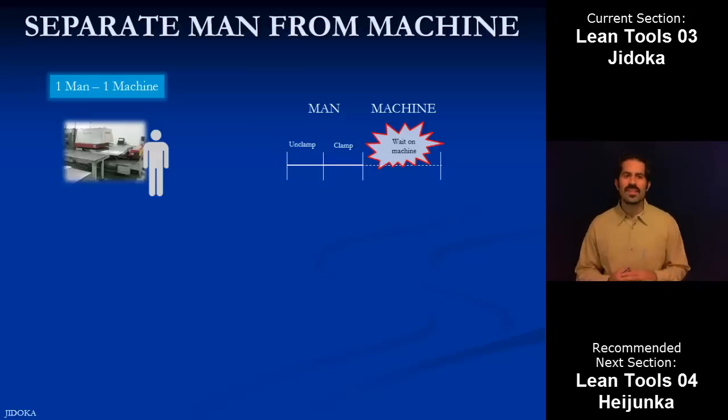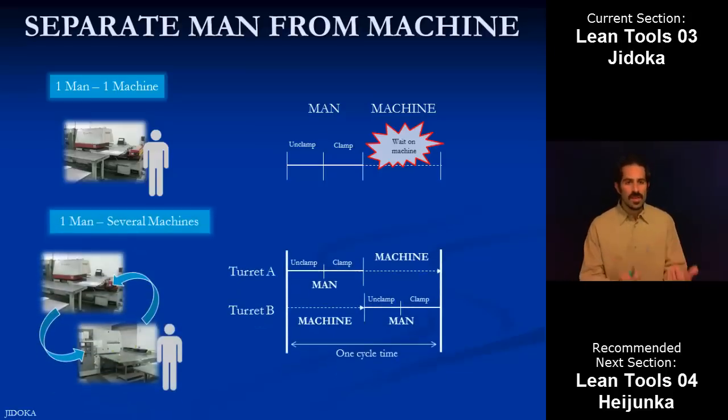And so what we've got in this example is one individual and one machine. When we look at the timeline, to the right there, what that shows is that for the human work, there's a couple steps. They unload the finished part, they add the new part, and then they wait while the machine runs, right? That's a concept of waste, right? We're not respecting the human capacity by asking them to wait on a machine.